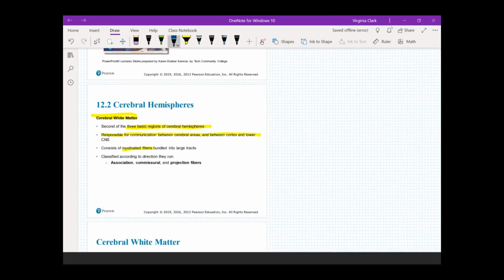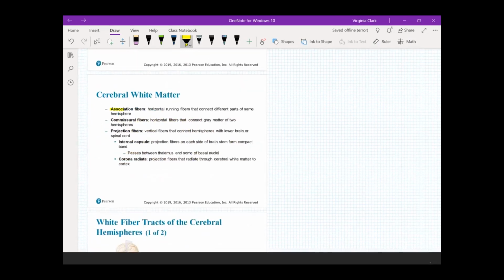These fibers are going to be classified based on the direction that they run. So there's association, commissural, and projection. There are three directions the fibers can go.